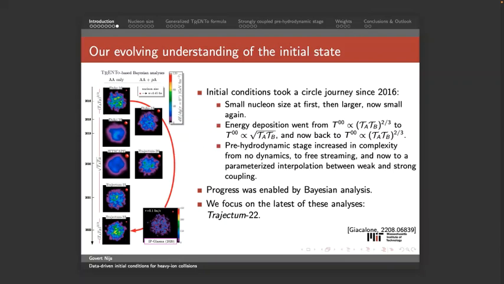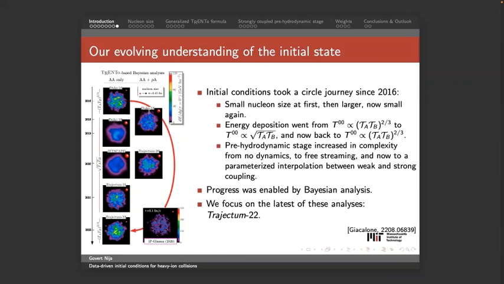Well, no, because the reason why this happened is that the pre-hydrodynamic stage drastically increased in complexity. For example, the reason why this width is so small here and larger here is because in this paper they introduced for the first time a free streaming pre-hydrodynamic stage, which makes a lot of initial radial flow.